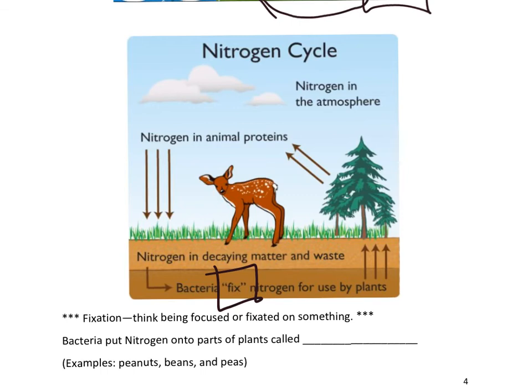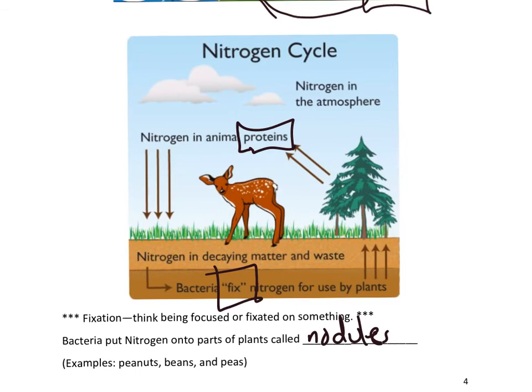Nitrogen fixation, right, like the word to be focused or fixated on something, has the bacteria in the soil put nitrogen onto parts of plants called nodules. So we actually owe a lot of the air that we breathe and other chemicals involved in making proteins to bacteria.